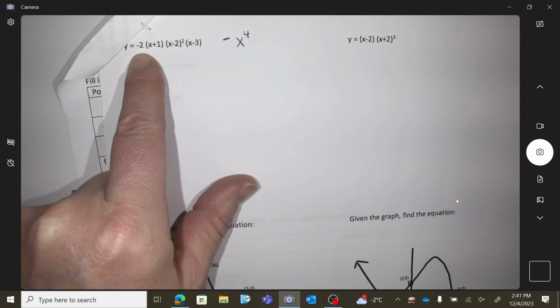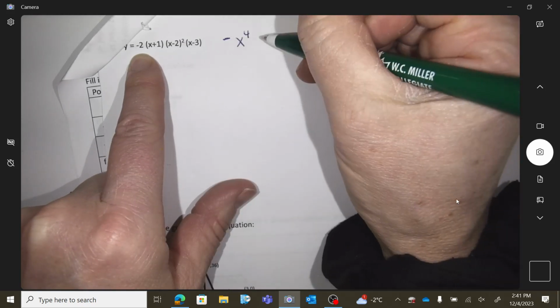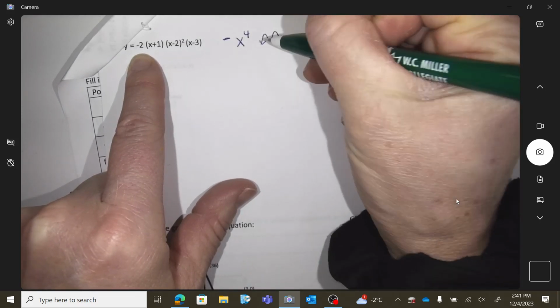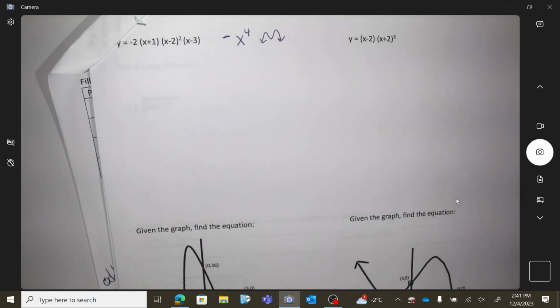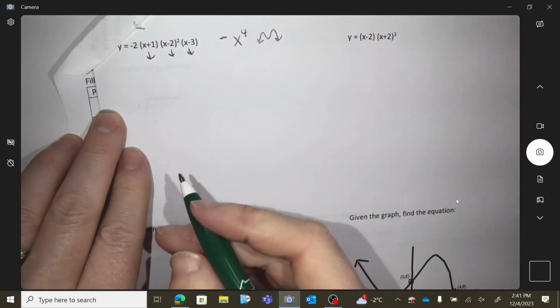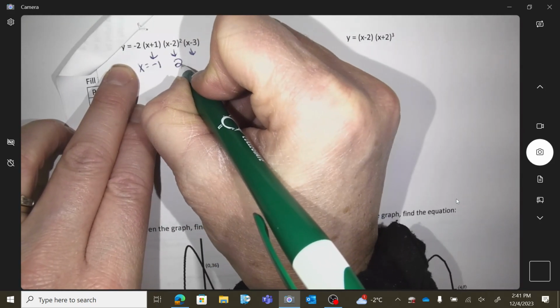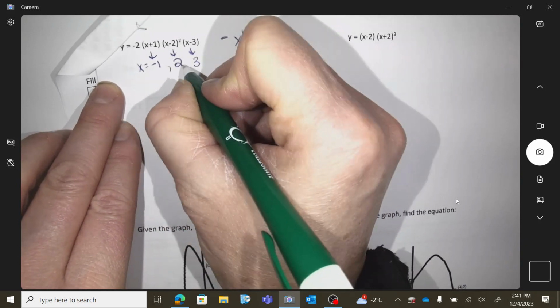So it's going to have a negative 4th degree shape. So it's going to look like an M. Okay, do you see how I just pick out that general information? So where are the x-intercepts? Negative 1, positive 2, and 3.